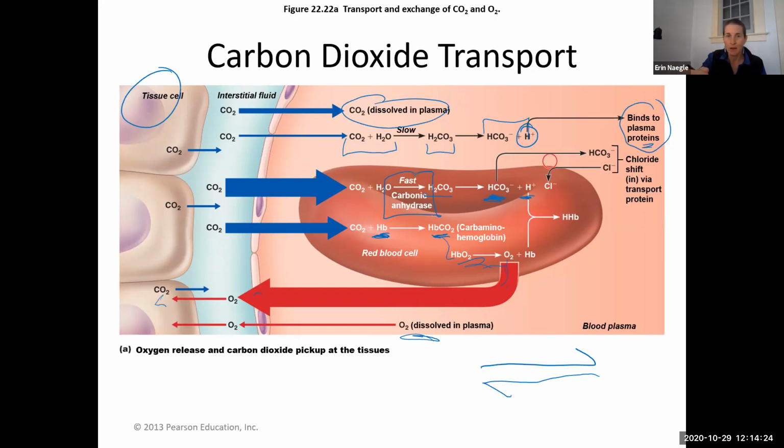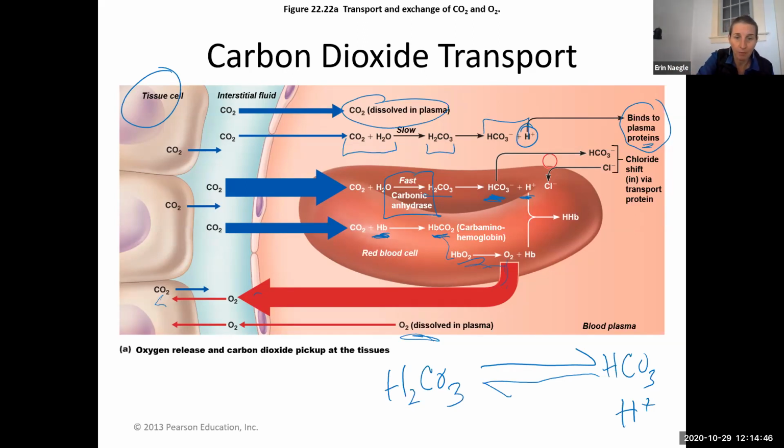And that's true here: the carbonic acid versus the bicarbonate and hydrogen ion can go in either direction. Do you remember what pushes it in one direction or the other? Yes, the concentration on one side or the other.